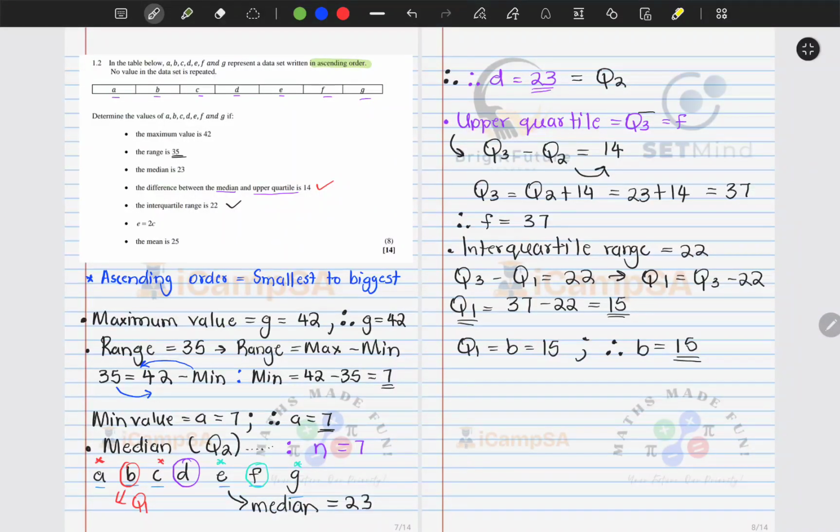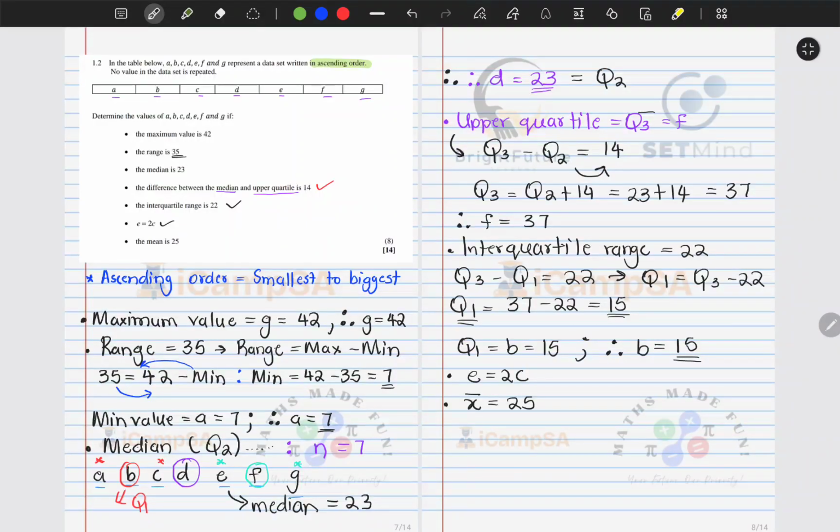Now we are told that E is equal to 2 times C. Okay, so we're told that E equals 2 times C, and guess what? We don't have E, we don't have C. But then we are later told that the mean is 25.